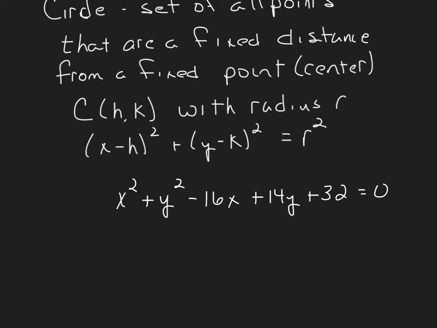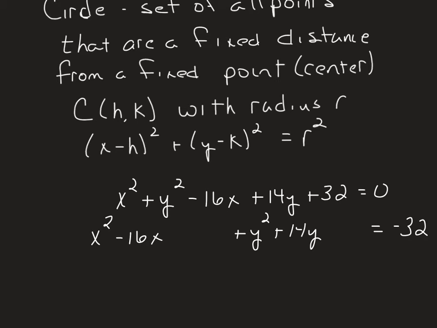We want to see if we can find the center and the radius of this circle, and in order to do that, we have to complete the square in x and in y. So I'm going to group together the x's, x squared minus 16x, leave a space, plus y squared plus 14y, and then subtract 32, or move it to the other side.